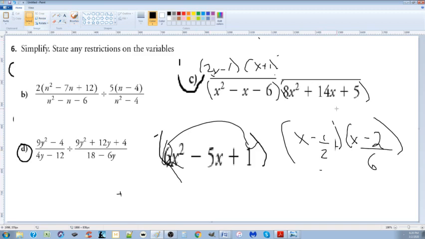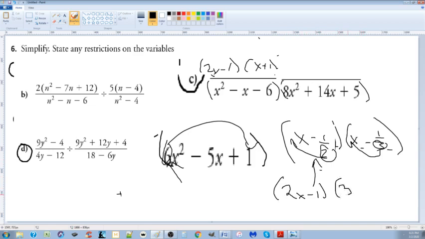The other one simplifies to -1 over 3. If you don't know how to do that, practice your fractions. We're not allowed to have a 2 here or a 3 here, so we simply put it in front of the x, and we're left with 2x minus 1 for the first one, and 3x minus 1 for the second.